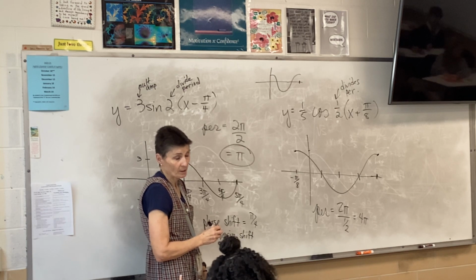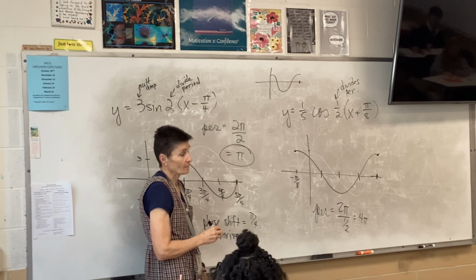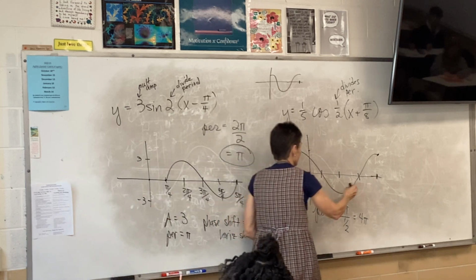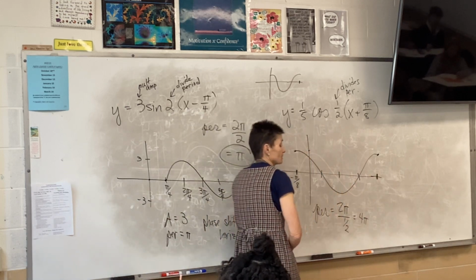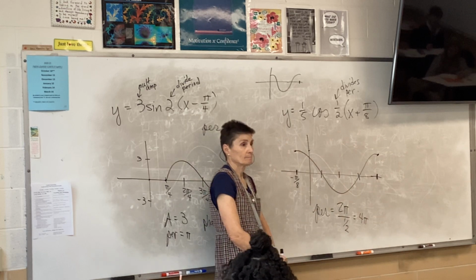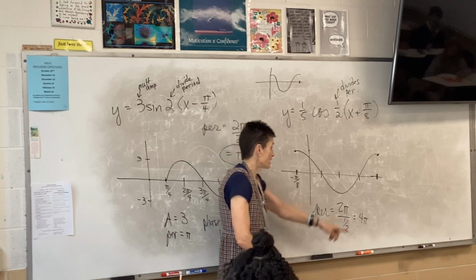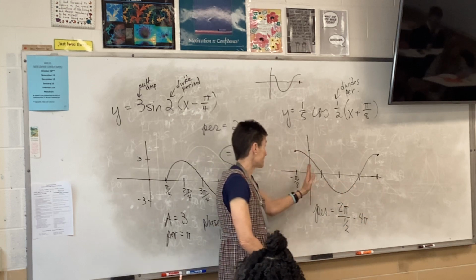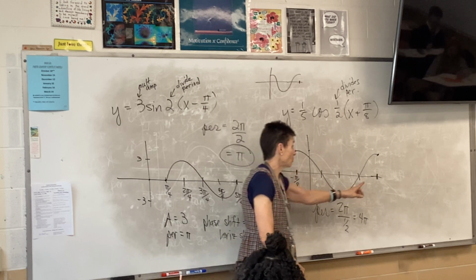Now here's where our logic comes in. Here to here is 4 pi. Can you tell me what that is right there? Don't say 4 pi, because you didn't start at 0, you backed up. So what would that one be?